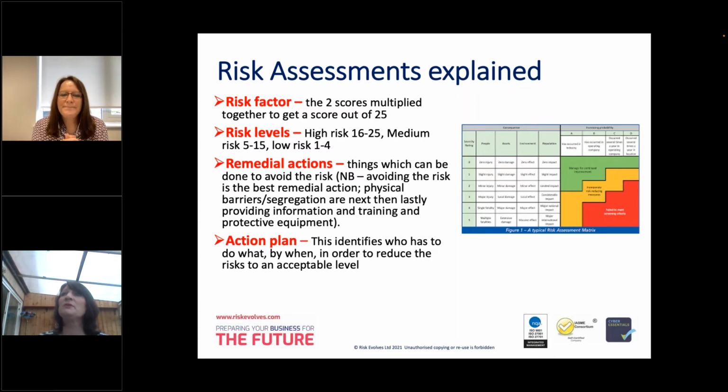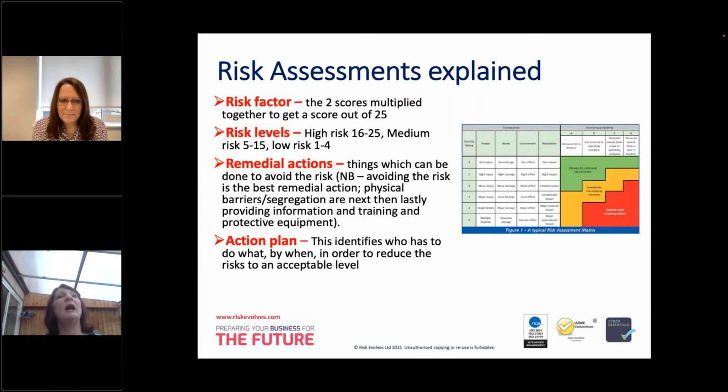Okay. So once we've multiplied our scores together, we get the risk level, high, medium or low risk. This helps us in 2 ways. First of all, it helps us to understand which are the most significant risks to our business, but also it helps us to prioritise the next steps, which are the remedial actions.